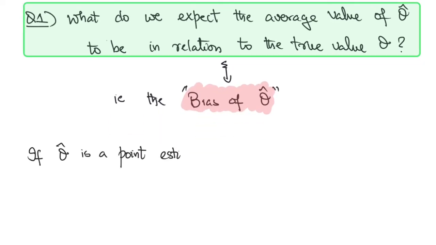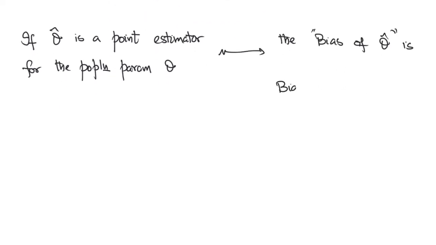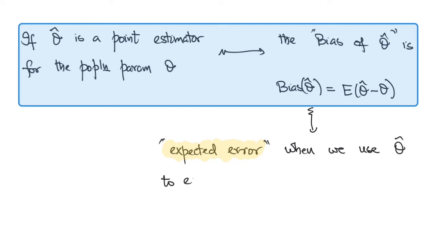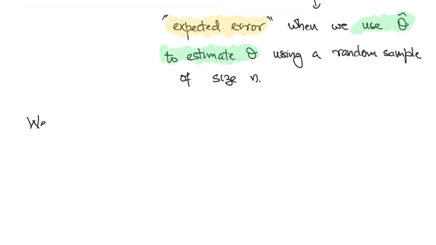If theta hat is a point estimator for the population parameter theta, the bias of the estimator theta hat is denoted by bias of theta hat, and it is exactly the expected value of theta hat minus theta. Note that this is exactly the expected error when we use our estimator theta hat to estimate a parameter theta using a random sample of size n.